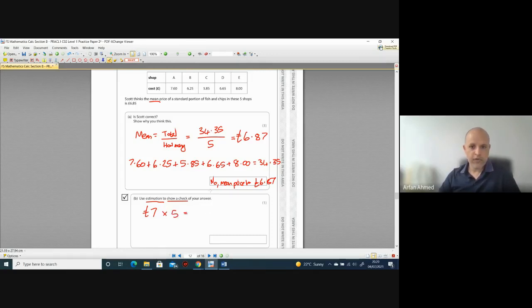And we should get roughly £34. So obviously this is £35, which is roughly £34.35. You're pretty close to £35, aren't you? That's what they want you to do. They want you to work backwards and get close to £34.35, which it is. So don't use the exact figures. When it says estimation, definitely round them and then do your reverse calculation.